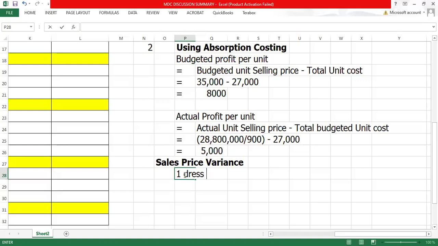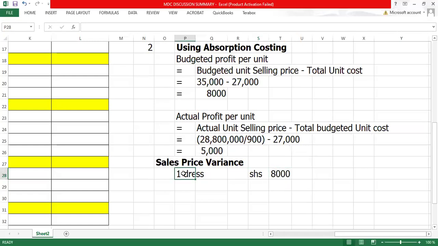So one dress was budgeted to give us shillings what? Isn't it 8,000? That was our budget. If we sell one dress, we are going to earn 8,000.